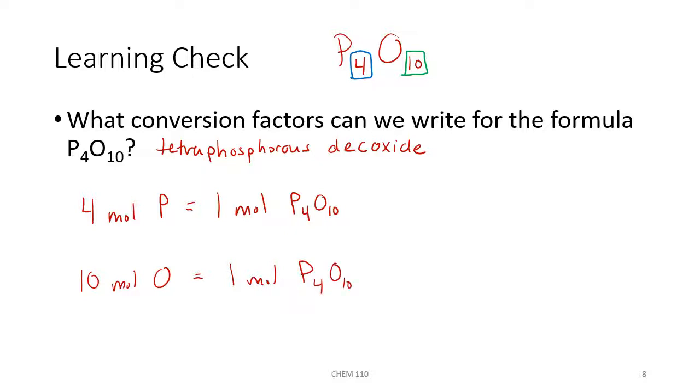Lastly, we can write a relationship between the 2 things that make this up, which is phosphorus and oxygen. 4 moles of phosphorus is always going to be equal to 10 moles of oxygen in this compound. Those are 3 conversion factors that we can write, and we could convert them into fractions and use them how we need to in a problem.